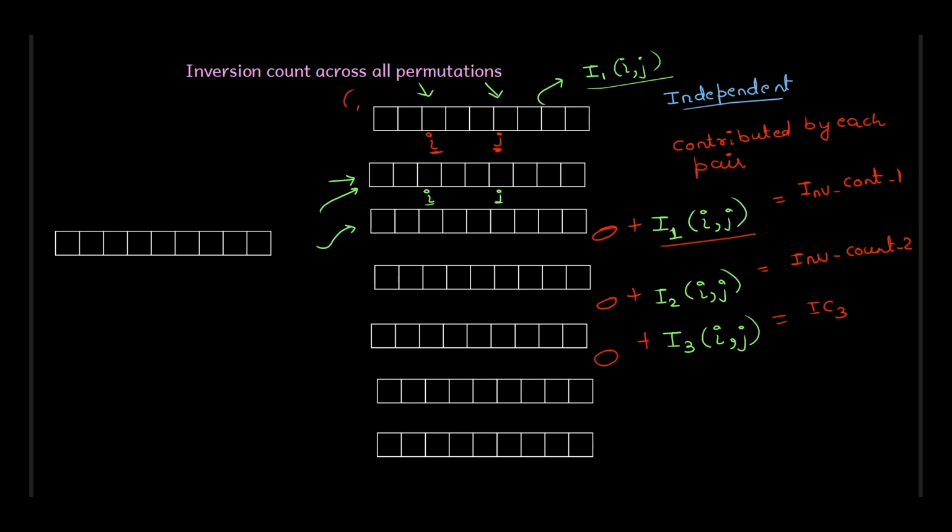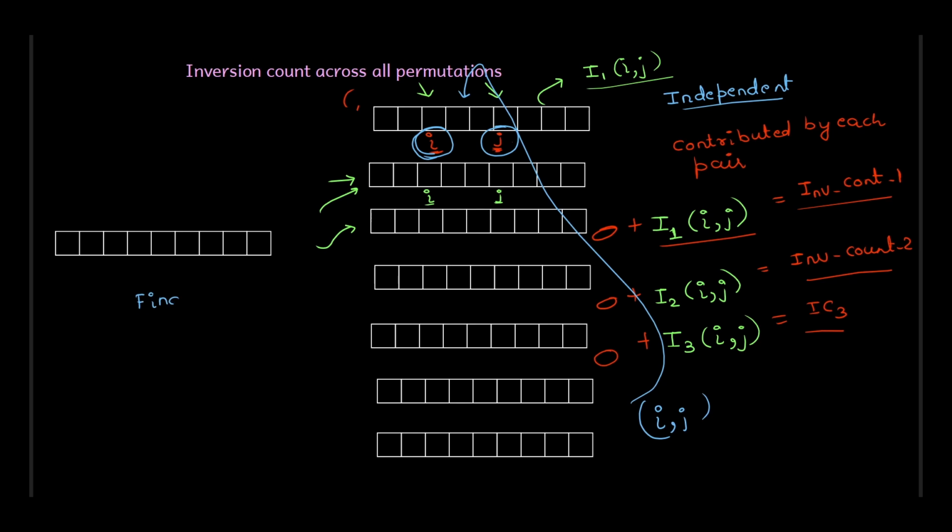And the problem actually asks you to find IC1 plus IC2 plus IC3 and so on. So then you can notice that this pair I comma j not just contributes to the inversion count of its own array. You can flip the narrative and say that any pair I comma j will contribute something to the final answer. And what is the final answer?